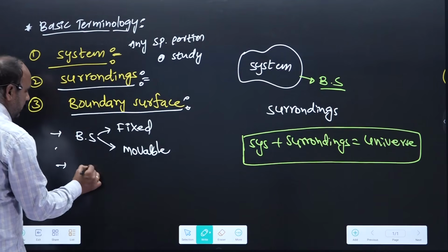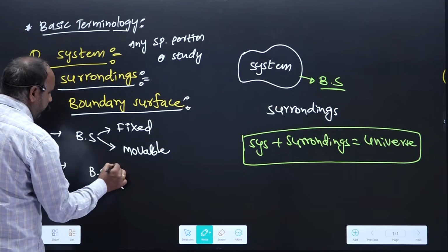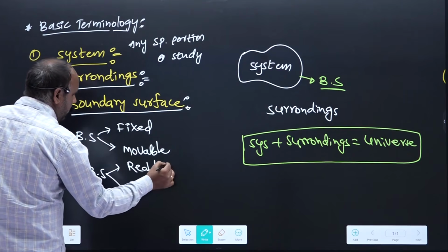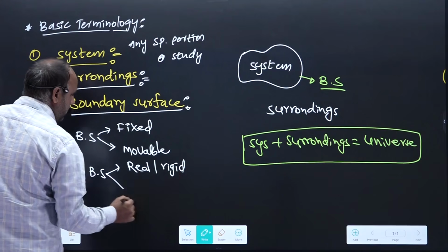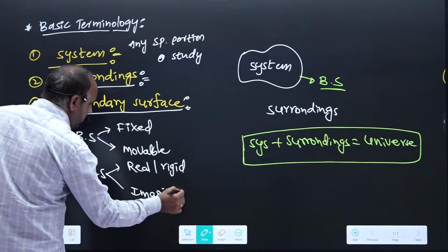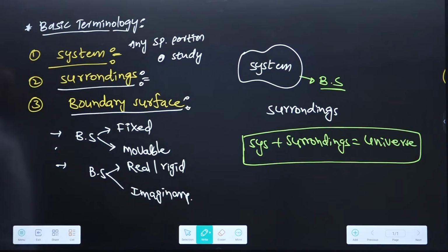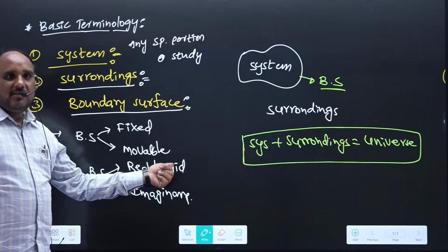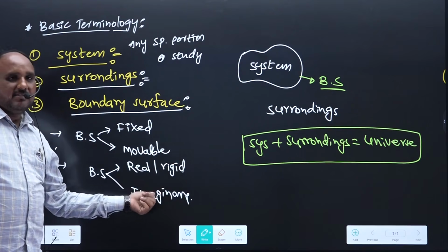In some other cases, the boundary surface may be a real or rigid boundary surface, or an imaginary boundary surface. In some cases we have to imagine.